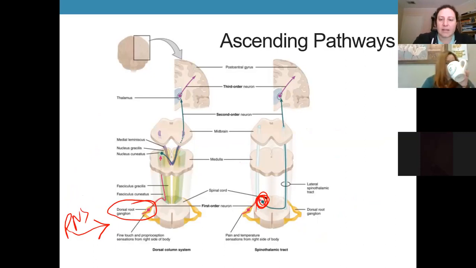At some point we decussate, right? So at some point we cross over, and usually this happens in the spinal cord. And then we go up, synapse with the cell body in the thalamus, and then the thalamus redirects to the appropriate location in the cerebral cortex, which is where we get that somatotopy.